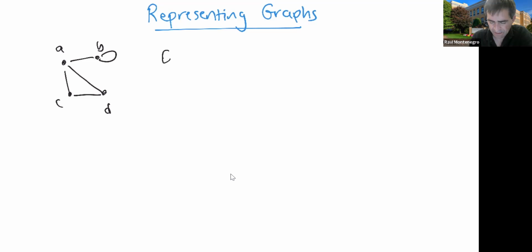So I can list the edges. In this case, there is an edge between A and B. Now I'm going to note that there's a little discrepancy between how edges are described and the figures sometimes. So it is common in many sources that edges are always listed as a pair with parentheses.